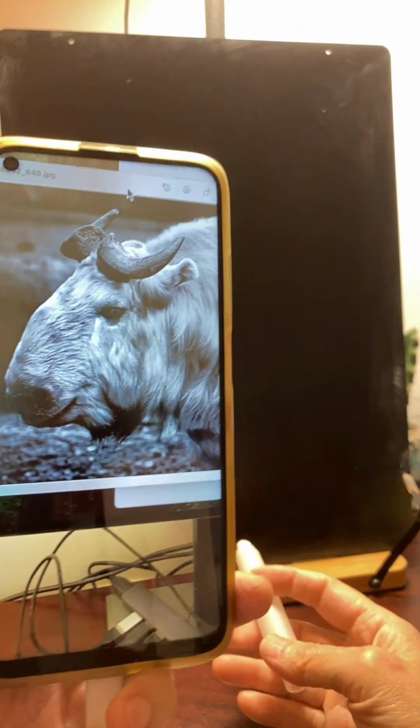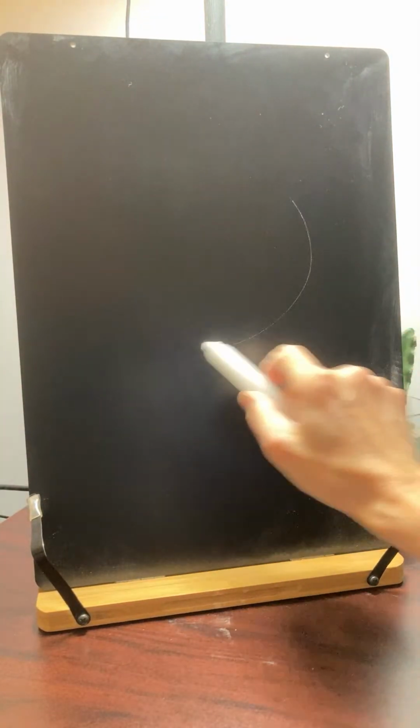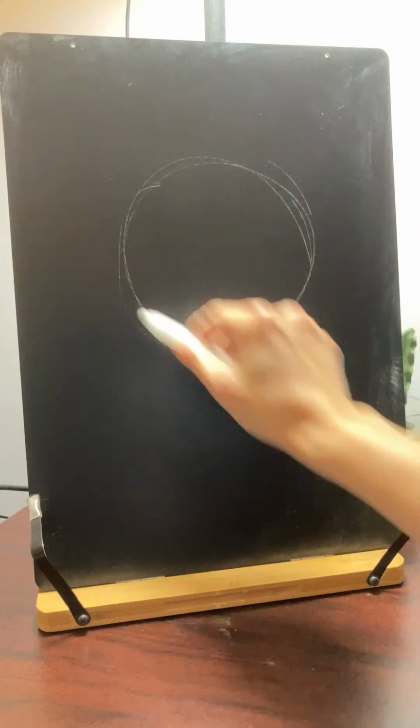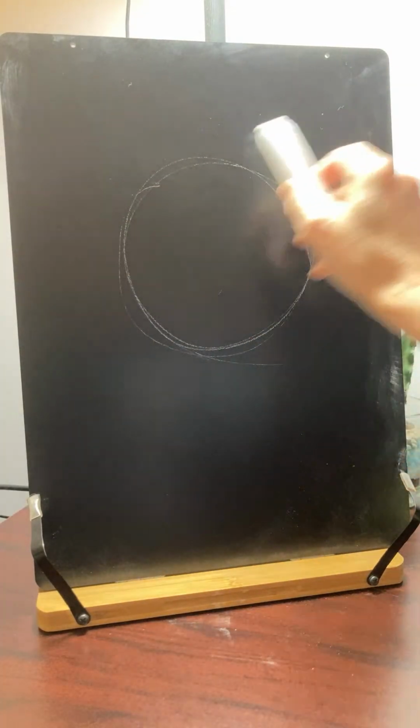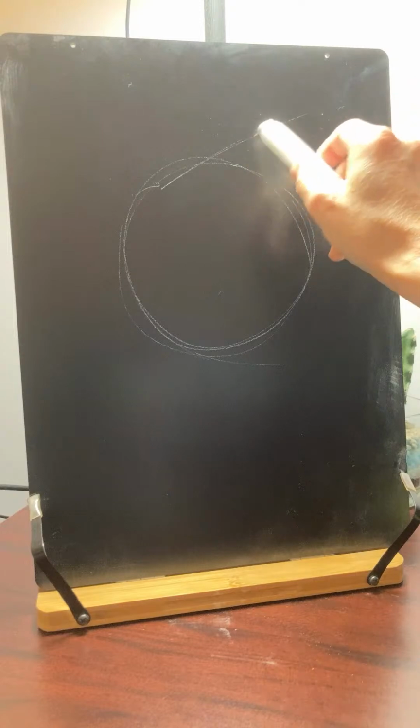Okay, so now I'm going to draw this. So how am I going to start? Easy. I put the head in the center of my chalkboard, and I put it like this.